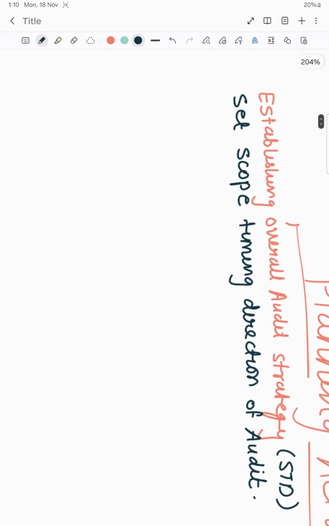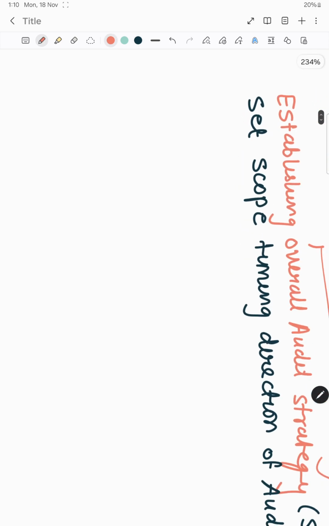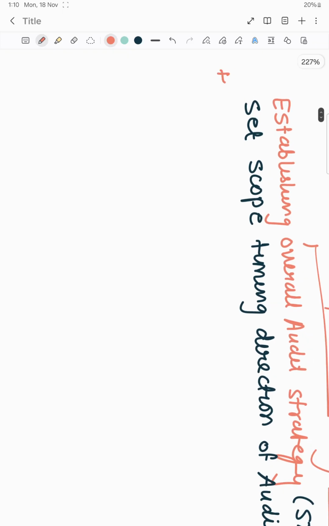Now scope, timing, and direction of audit. How does audit strategy assist the auditor is the question, and this will be the answer.